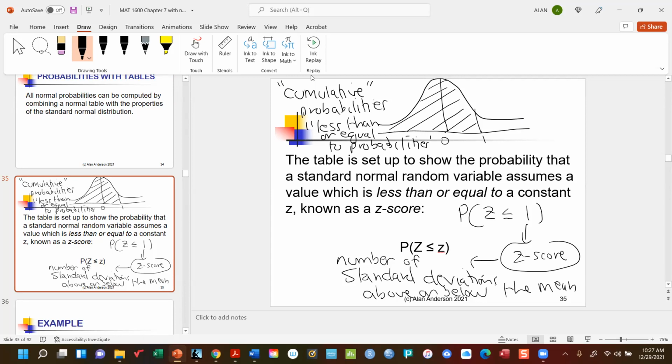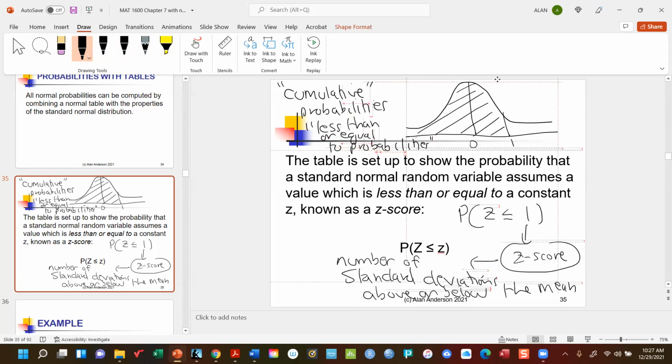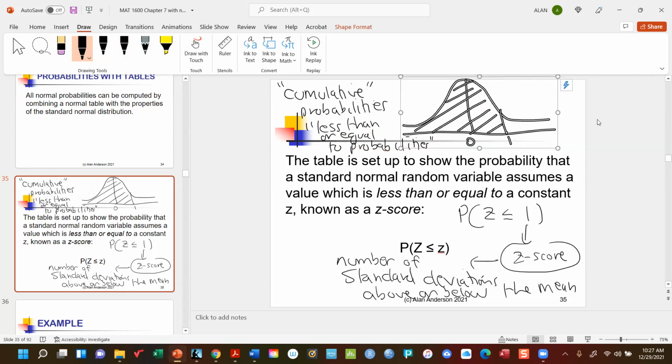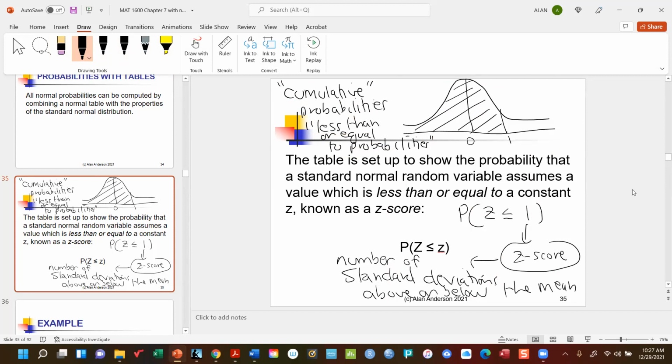They mean the same thing. Less than or equal to is known as a cumulative probability. So let's say that you see this curve up here. This is the standard normal distribution, and remember that is designated with the letter Z. What if I need to know the probability that Z is less than or equal to 1?